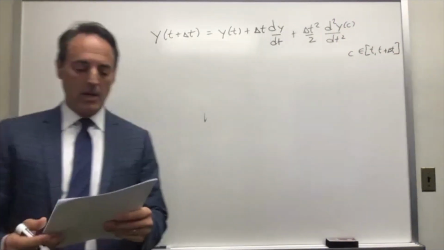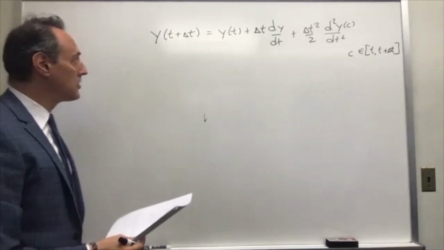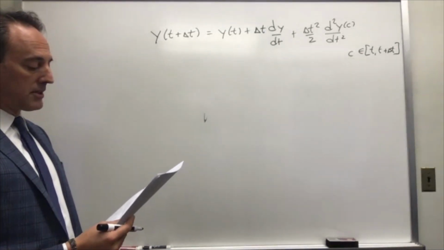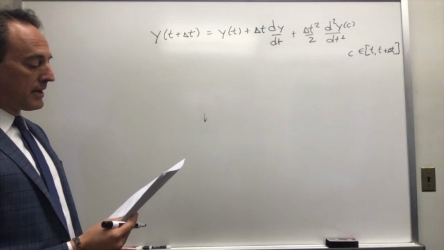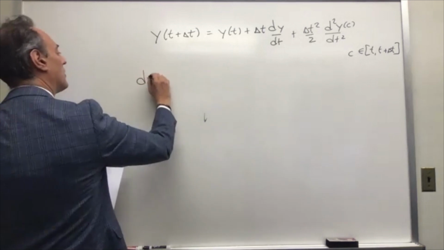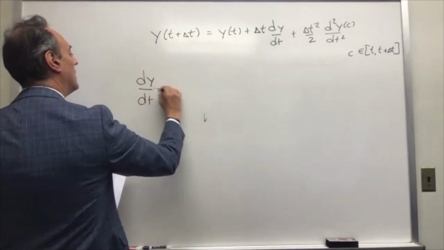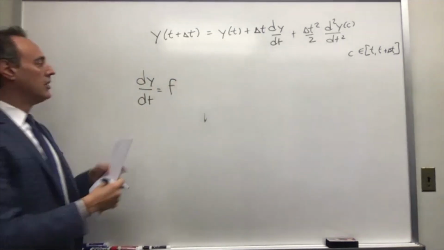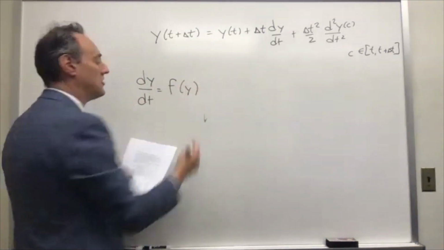Oftentimes this gives you a way to think about approximating derivatives, or in particular, what we might want to do is think about what if I want to solve something like this, a differential equation.